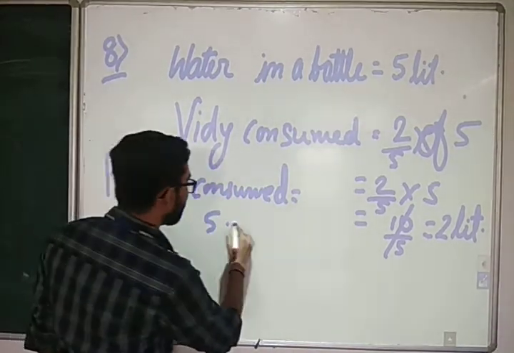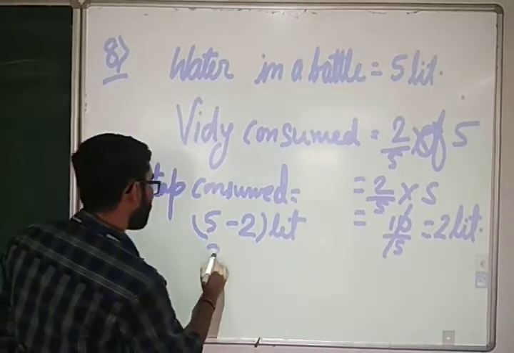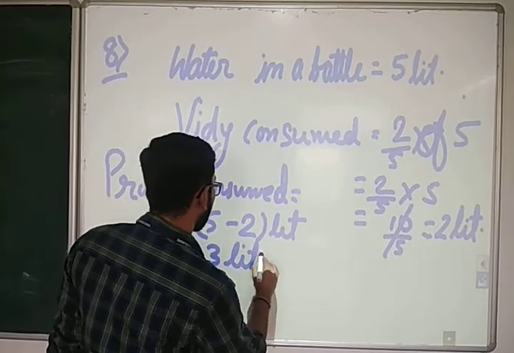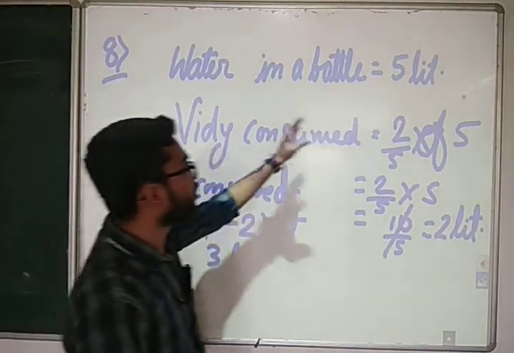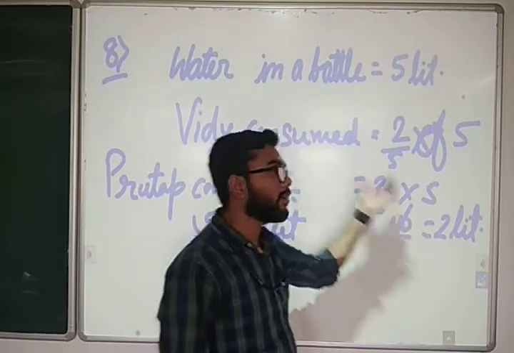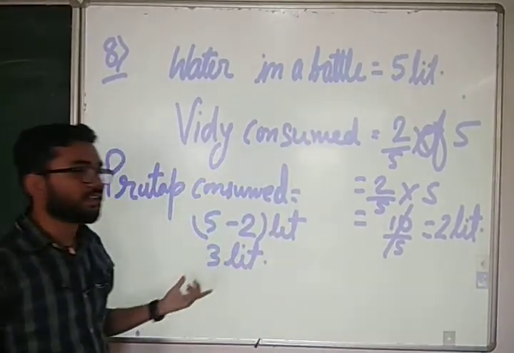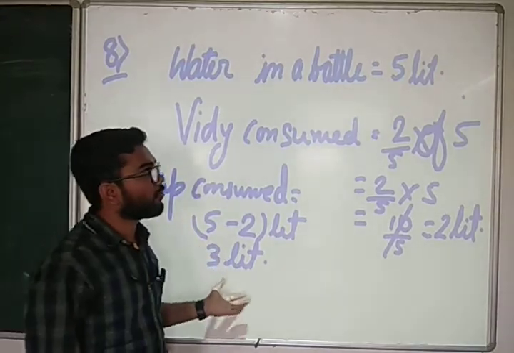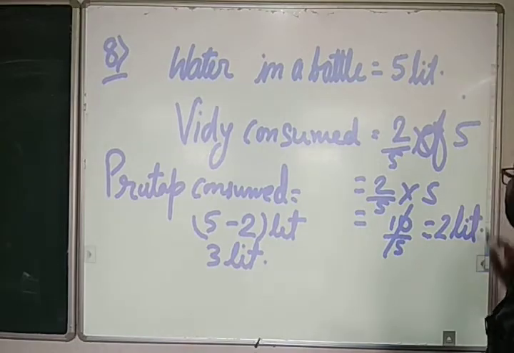That is 5 minus 2 liters, means 3 liters of water consumed by Pratap. So out of 5 liters, 2 liters consumed by Vidya and the remaining, that is 5 minus 2, 3 liters of water consumed by Pratap. Okay, now this is the first question.